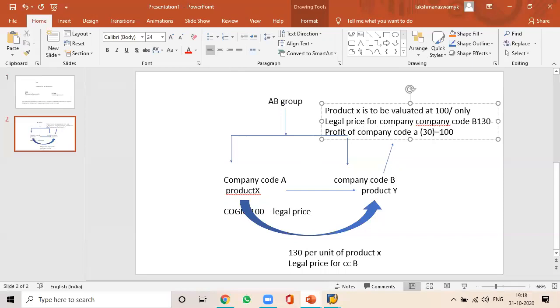That is 100 rupees. This is called group valuation.